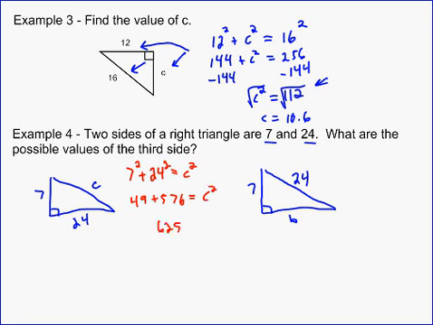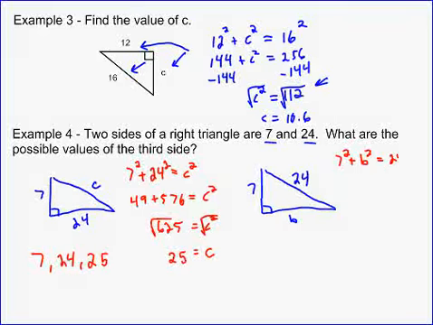Hopefully by now, 625 is becoming a number that you're familiar with, because 625 is 25 squared. So when I take the square root of 625, I'm going to get 25. So one possibility for the side of the triangle is 25. So for this possibility, this is a Pythagorean triple, right? Because they're all integers.